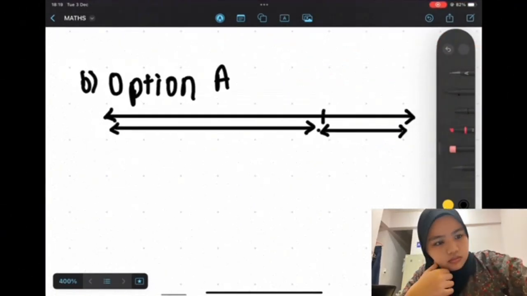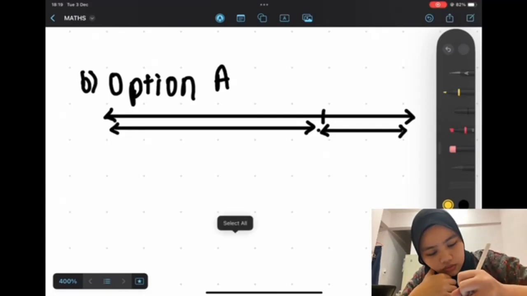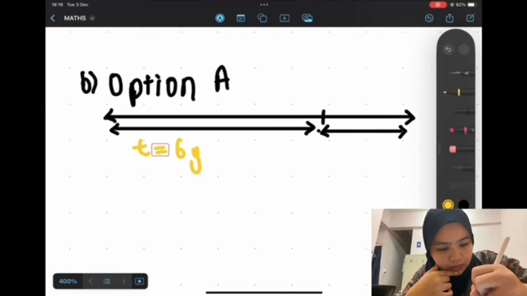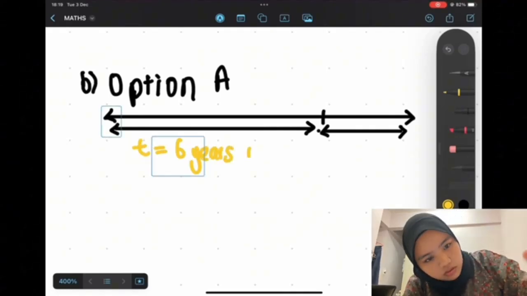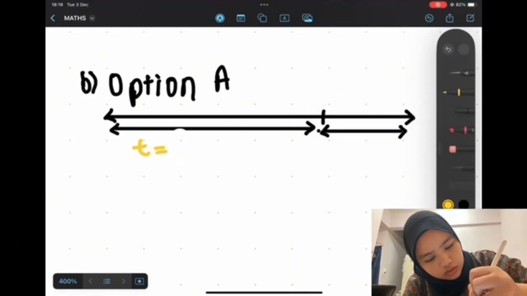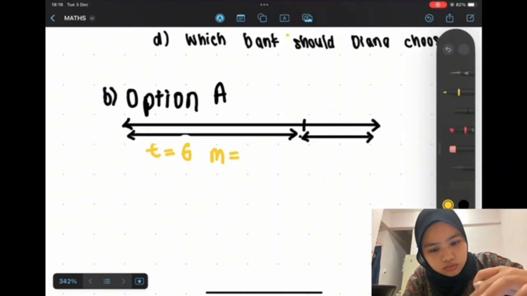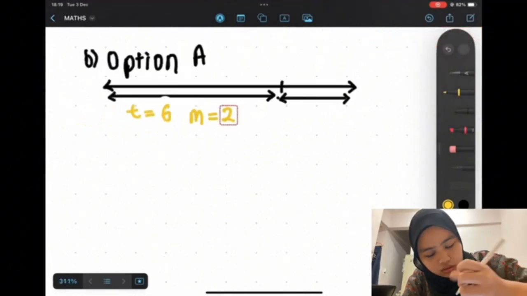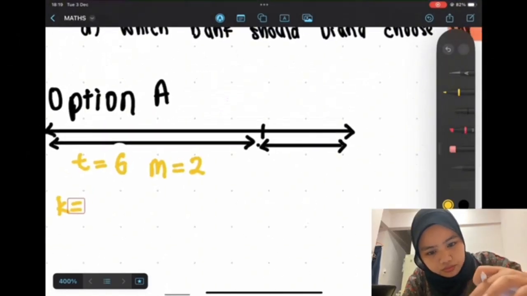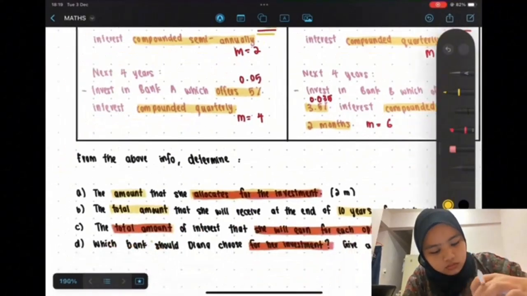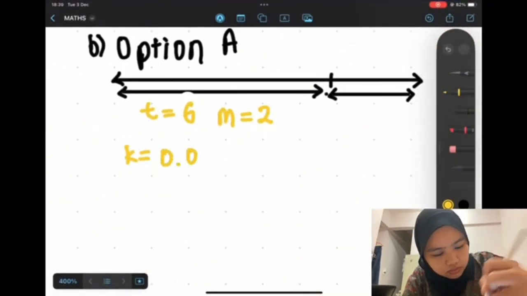So this is the 6 years, and M equals 2, K equals 4.2 or 0.042.